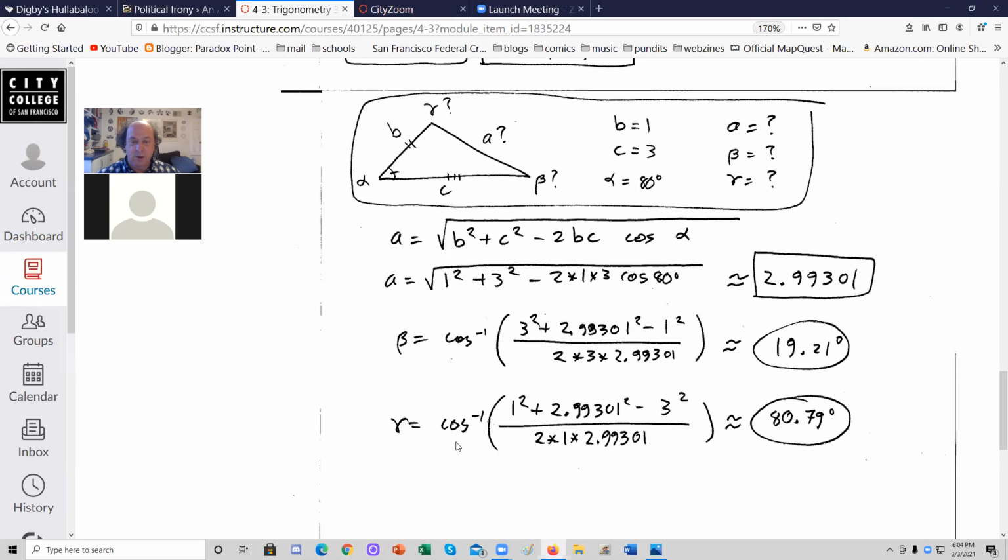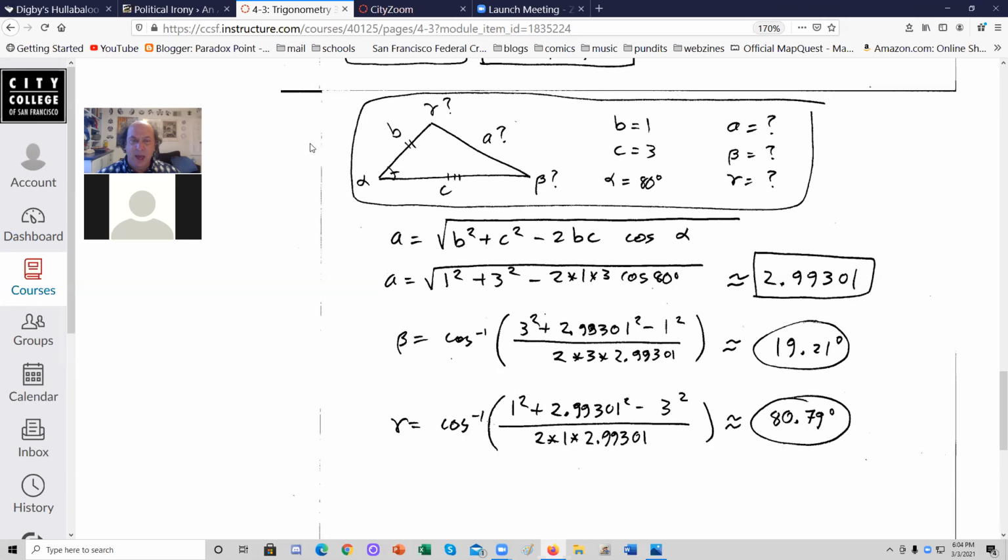Gamma, arc cosine of, well, A and B are the adjacent sides, C is the opposite side. So it's arc cosine of B squared, that's 1 squared, plus A squared is 2.99301 squared, minus C squared is 3 squared, over 2 times 1 times 2.99301. Push a button, about 80.79 degrees.